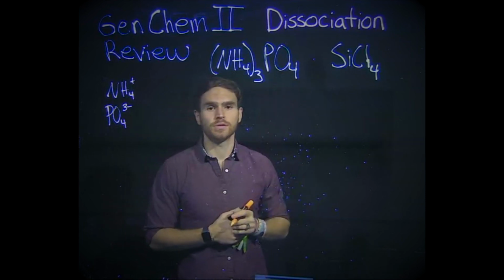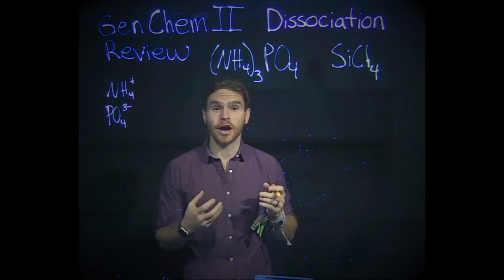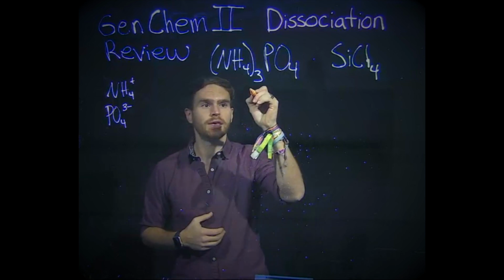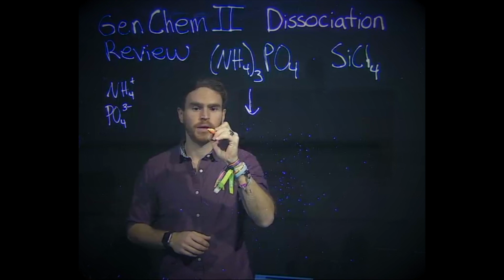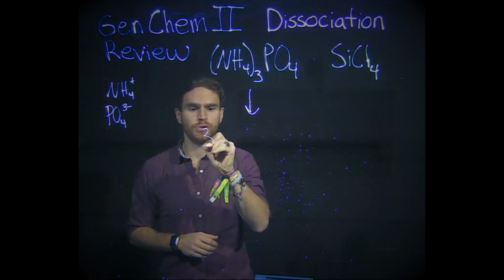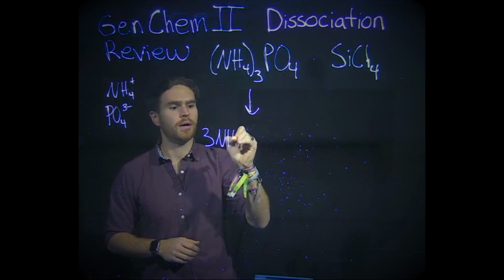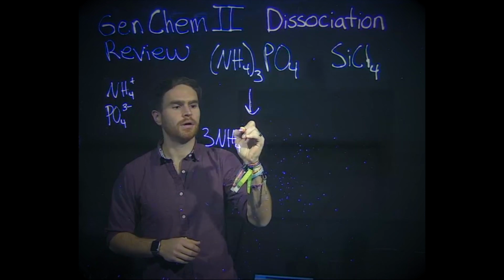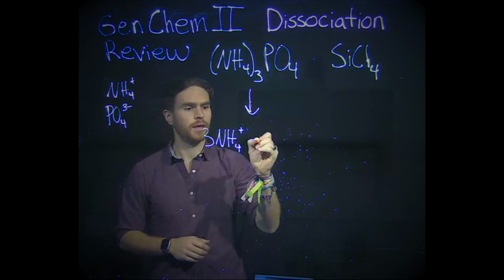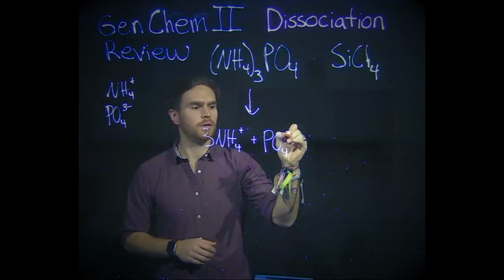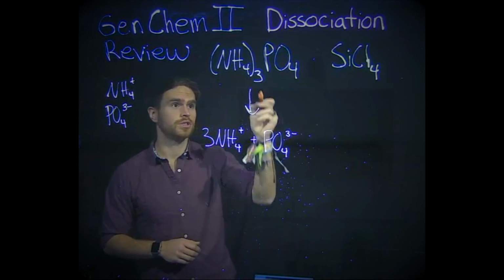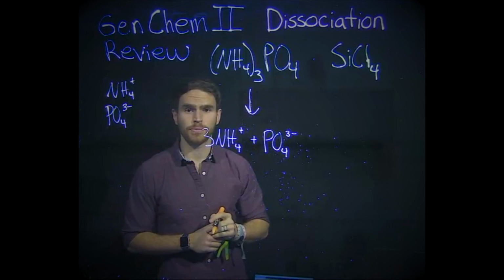As a result, we know that when dissolving this ionic compound in water, it will dissociate into its respective parts. For example, you will produce 3 ammonium ions, all singly charged, and 1 phosphate ion with a triple negative charge, which is balanced out by the molecular formula.